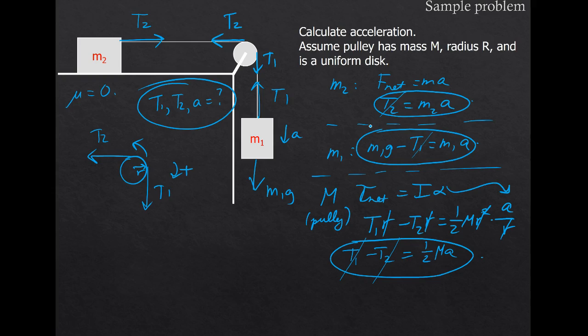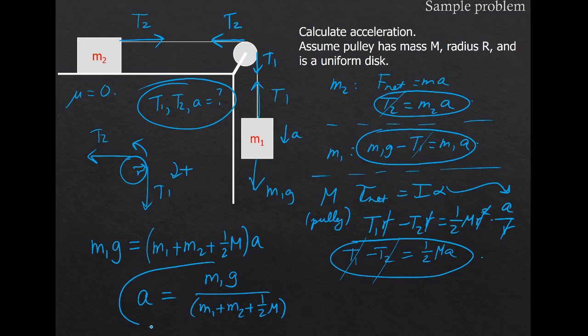So the only thing that we'll be left with is M1 times G, and on the right side, we're going to have M1 plus M2 plus 1/2 big M times A. And this means that the acceleration will be M1G divided by the total mass of the system.